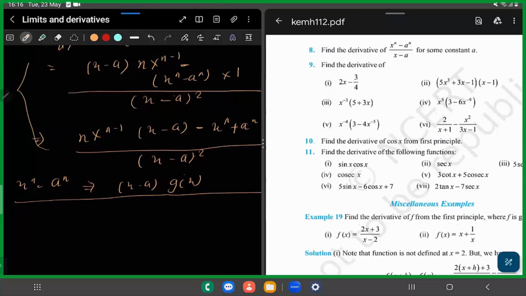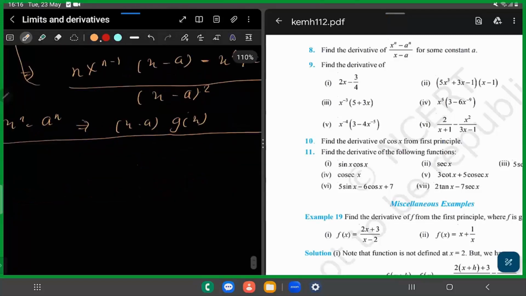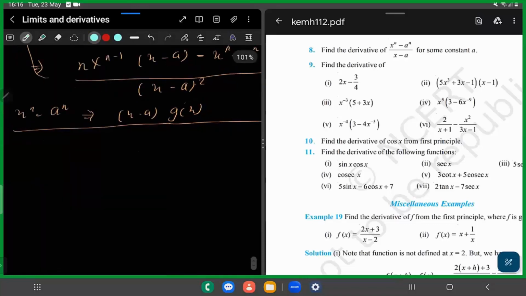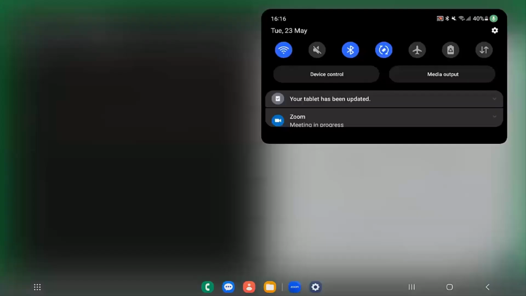So next, we move to question number 9. In question number 9 also you just have to find the derivatives, applying simple rules of multiplication and division.